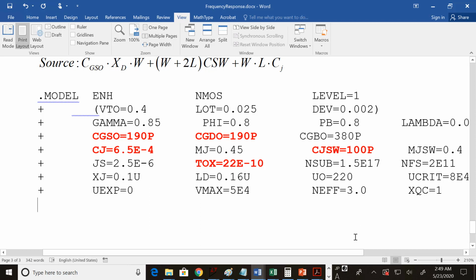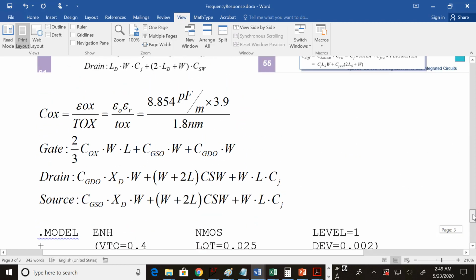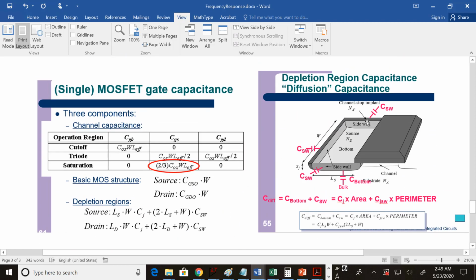And now you just have to add in the capacitance from around the sides of the source. And these are called sidewalls. And you don't count, we just did this overlap where the gate overlaps the source, so that capacitance has already been calculated. So we just look at 3 sides of the source. So the side closest to me, the side farthest from me, and the side that's not under the gate, you add those 3 together.